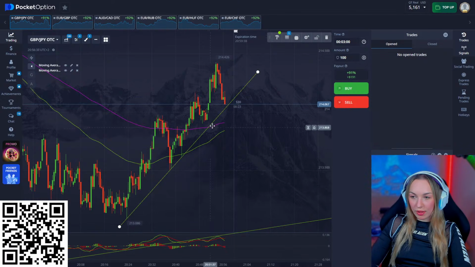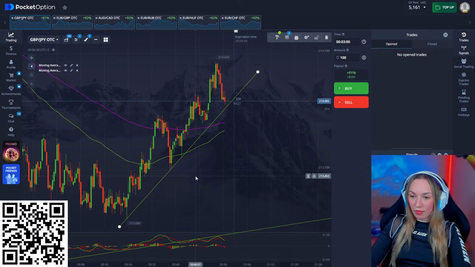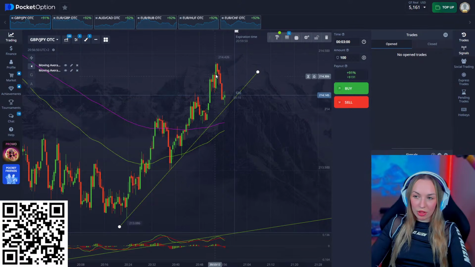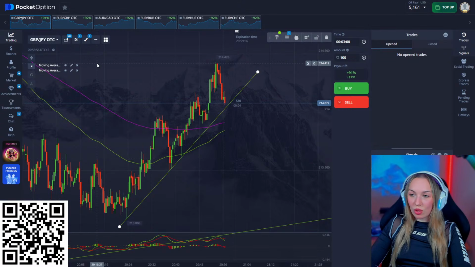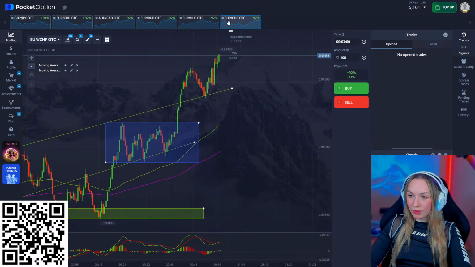I draw here a small support. Because you see here is the touch, the price went up. Again, touch, up, kind of a touch, up, and again here we have the touch. But it can go a little bit lower. Like right now.